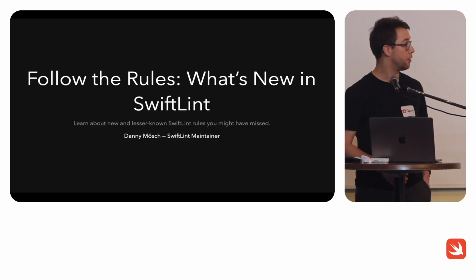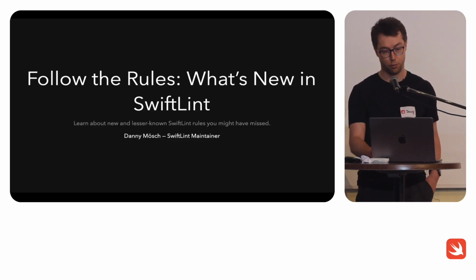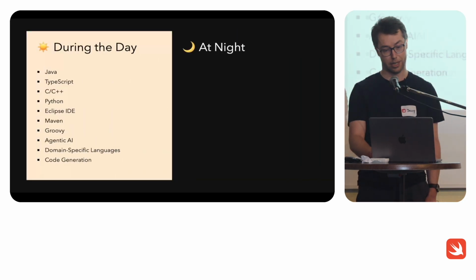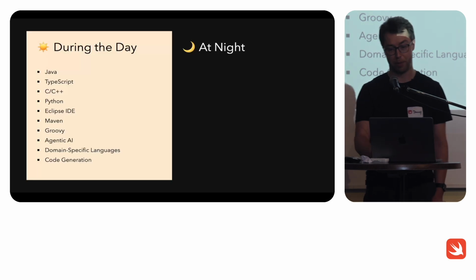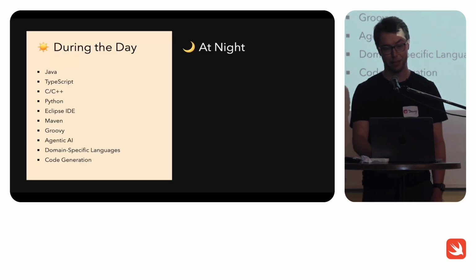But before I start, let me introduce myself. Who am I in the first place to tell you about SwiftLint? At my day job I do many things, but nothing of that has any relation to SwiftLint or even Swift. I'm currently working on agentic AI use cases to integrate them in our existing systems.